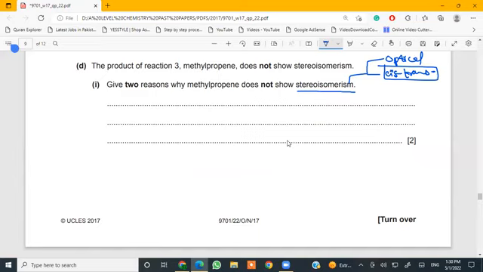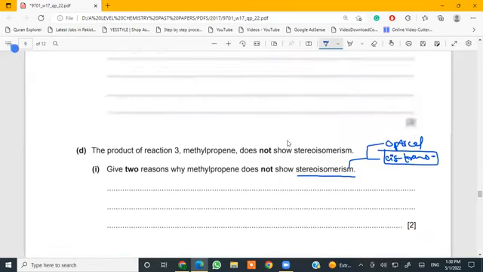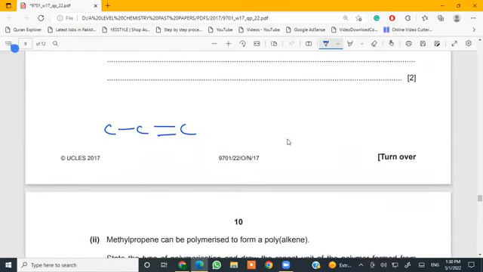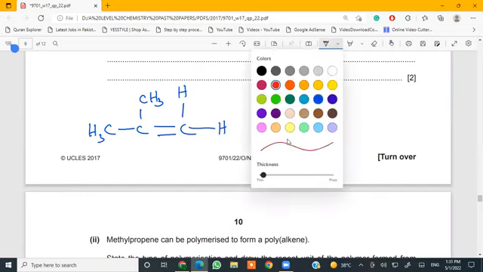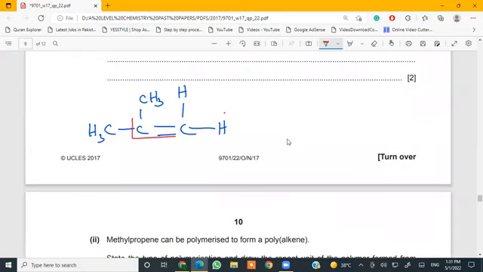So let's just look at it. Methylpropene, prop 1, 2, and 3. Okay, so methylpropene, this is propene, and this is the methyl group over here, and this is the name methylpropene. Okay, so if you look at the methylpropene, look at the carbon atoms over here. To show cis trans isomerism, the basic condition was you need to look at the carbon-carbon double bond.